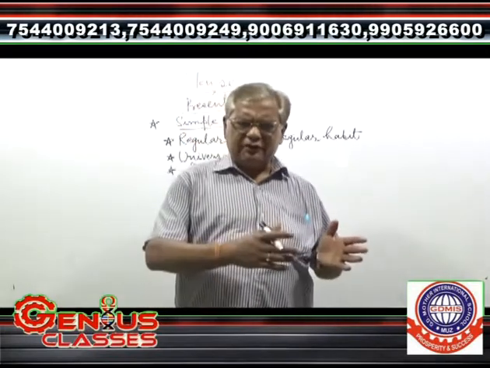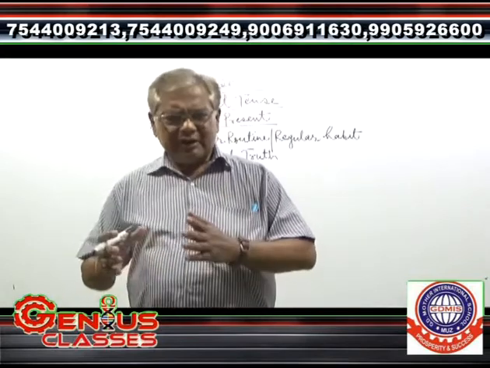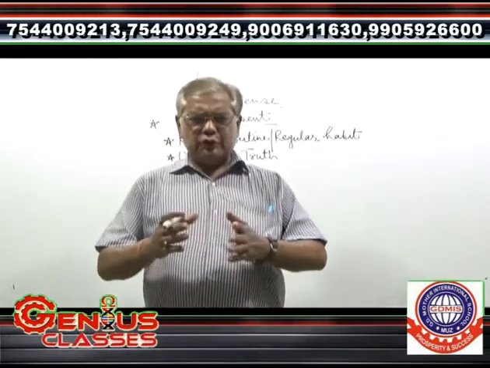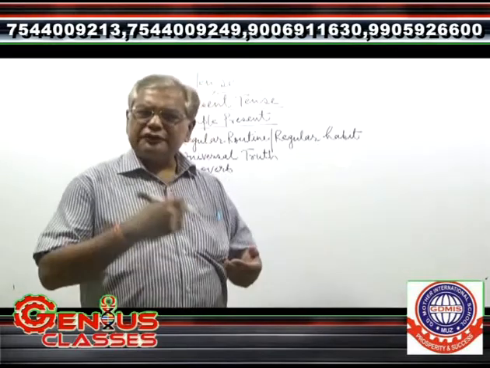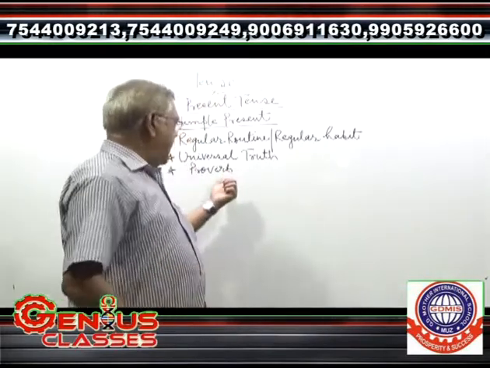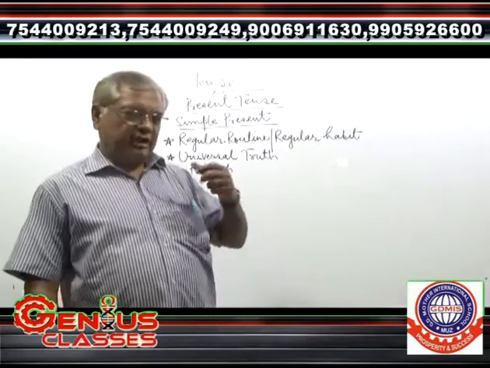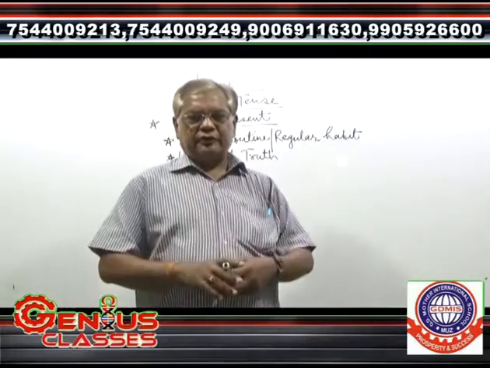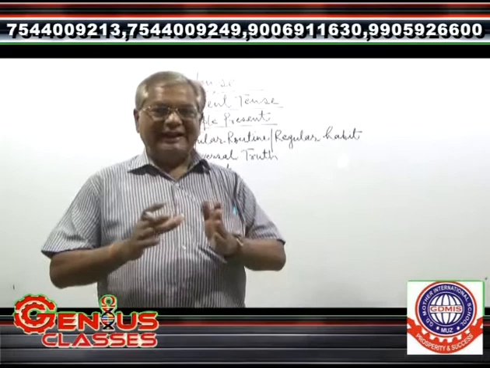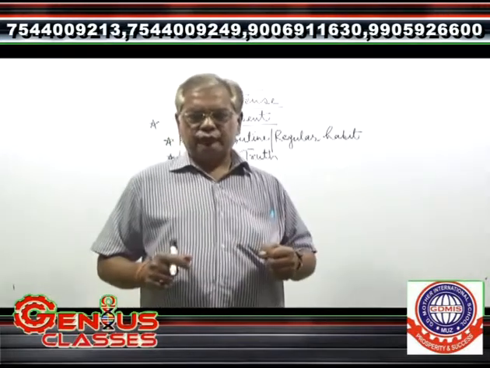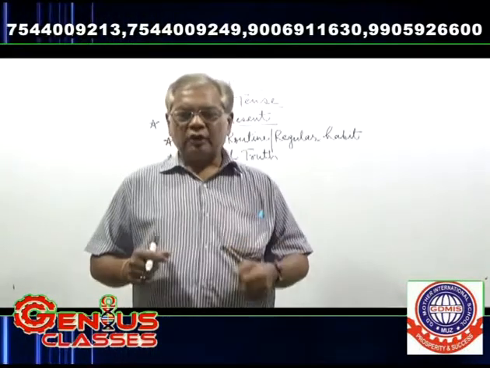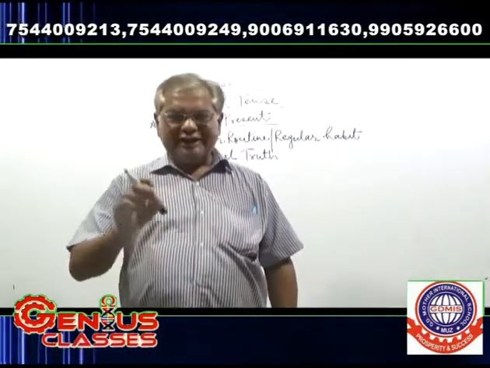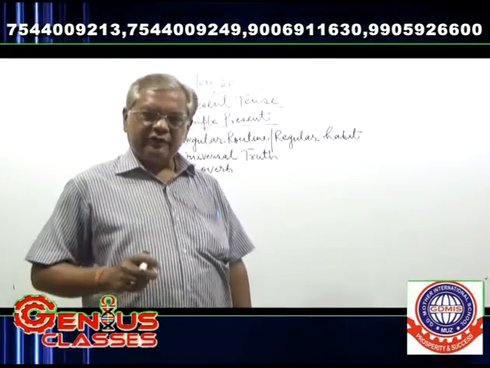The perimeter of a rectangle is 2 into L plus B. It is also a universal truth. And the proverb is a kind of add-on. You know very well, honesty is the best policy. The pen is mightier than the sword. Slow and steady wins the race.